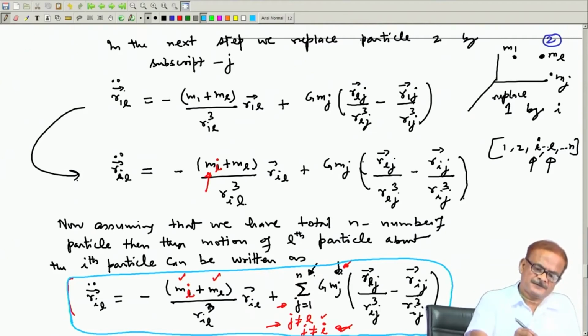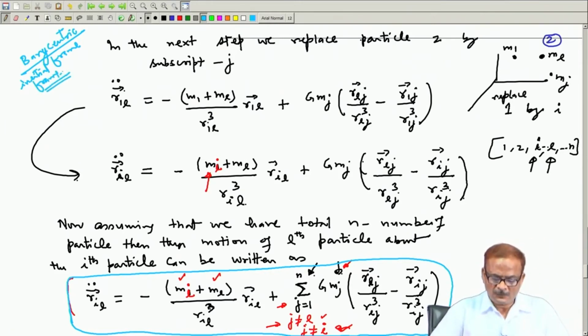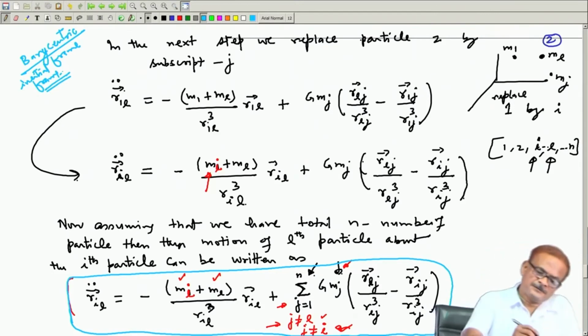So, in this case for the solar system our frame remains the barycentric frame or barycentric inertial frame. This will serve you as the inertial frame.